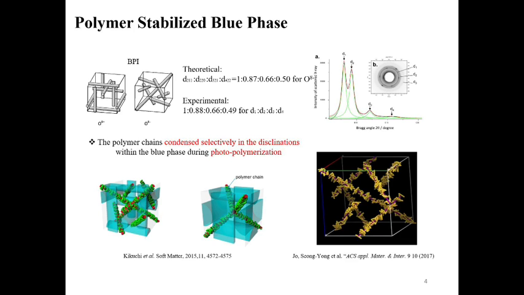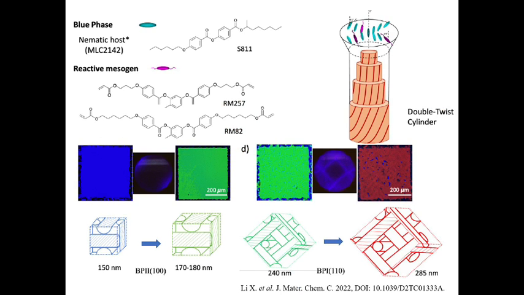Previous work has shown that the monomer basically aggregates along the disclination line, but our recent work shows that adding the monomer into the system actually participates in the self-assembly of the blue phase material to form the double twist cylinder.